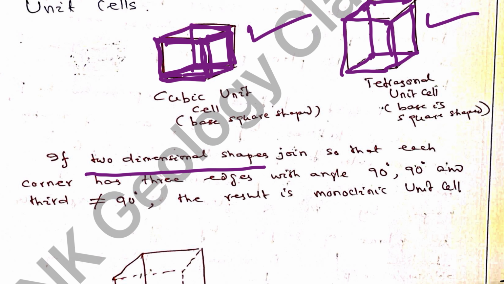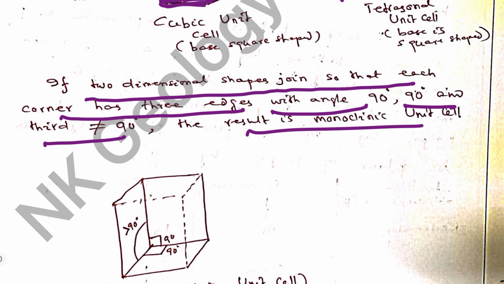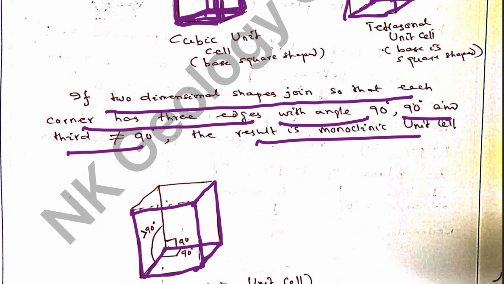So if two-dimensional shapes join so that each corner has 3 edges with angles 90 degrees, and the third is not equal to 90 degrees, the result is a monoclinic unit cell. We have the square shapes. This is square, this is square, this is a type of square.